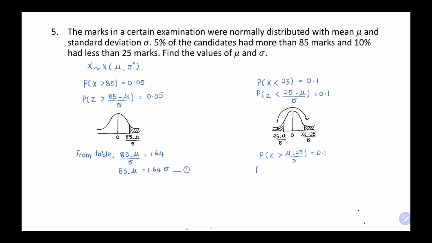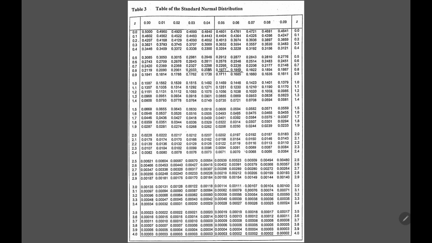Then we can read from the table, because the sign is now greater and we have made it positive. (Mu minus 25) divided by sigma equals, we check the table where there is 0.1. We find 0.1003 and 0.0985.